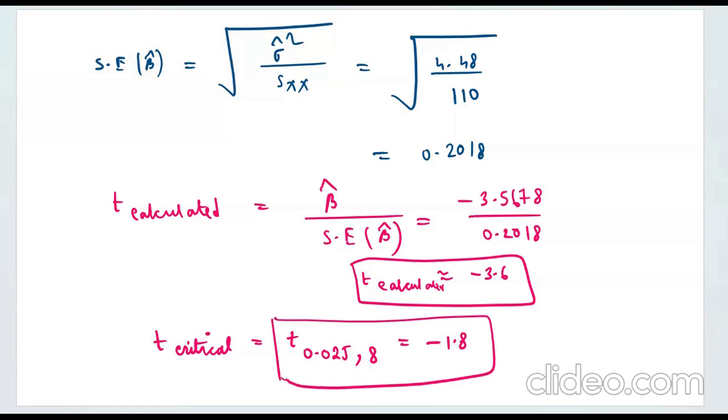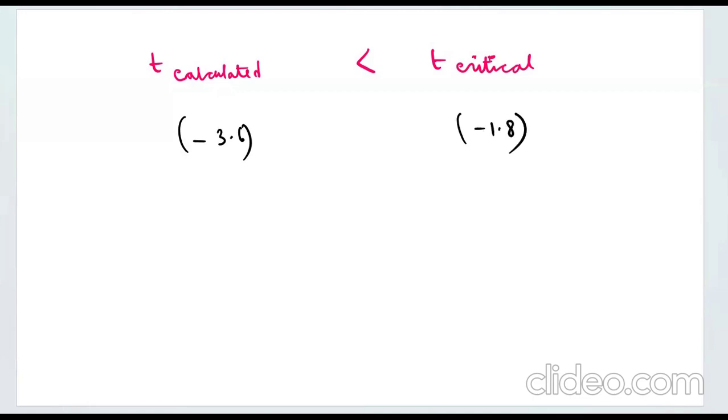This is the T calculated. So which one is the bigger value and which one is the smaller value? We see that T calculated, which we got as minus 3.6, is strictly less than T critical, which is minus 1.8, right?